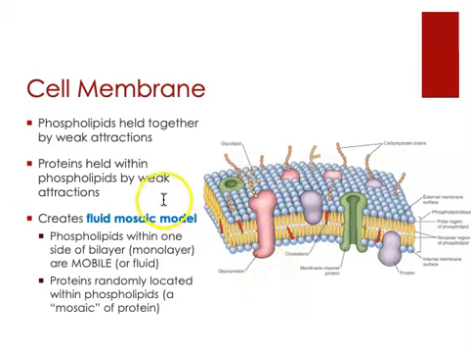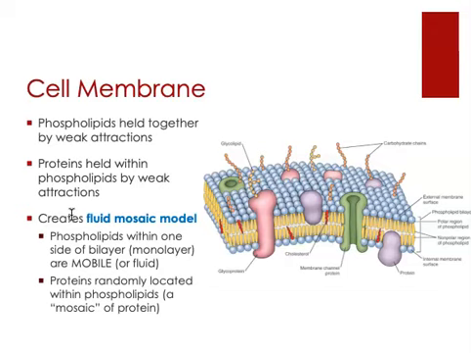And that's the mosaic part of the name. Just like an artistic mosaic that you might find in an art museum. These proteins look like they're sort of randomly just placed within the canvas of the phospholipids. It has a mosaic look to it. And that's why we refer to membranes as having this fluid mosaic structure.